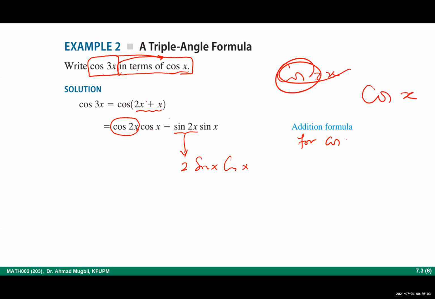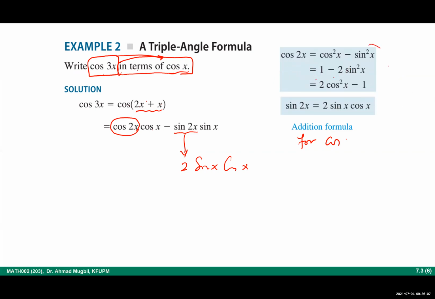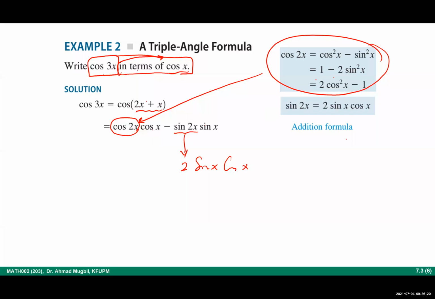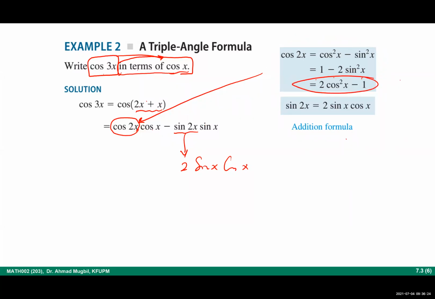So what do you think now? From these three formulas, which one is better to be used for this? Anyone? 2 cosine squared minus 1. The third one, yes, 2 cosine squared minus 1. Why? Because we want it to be like that at the end.